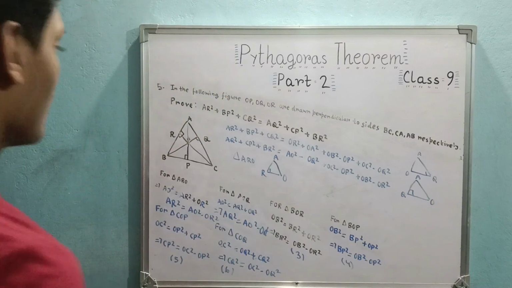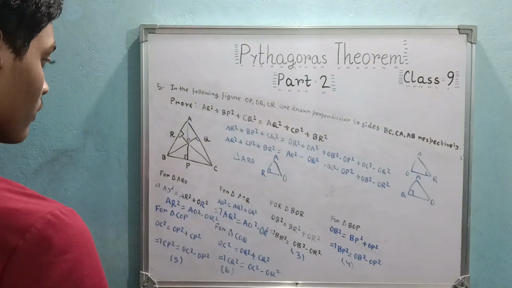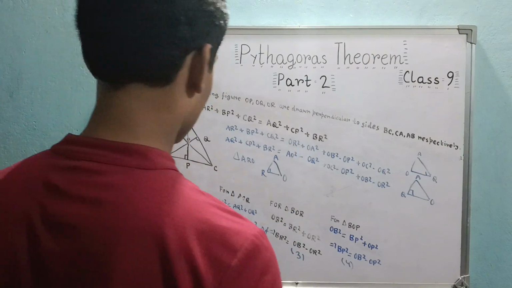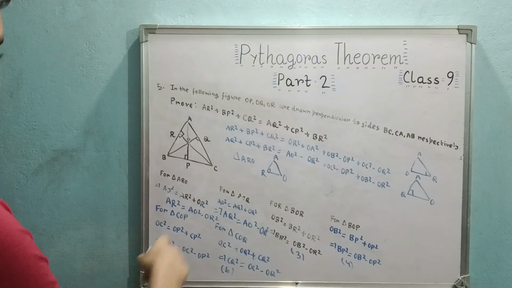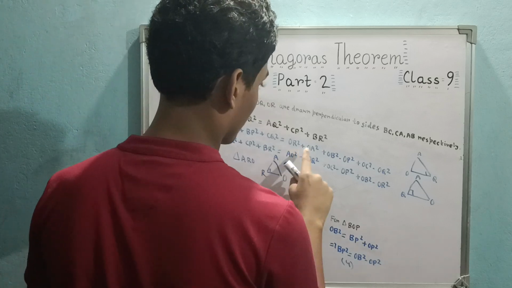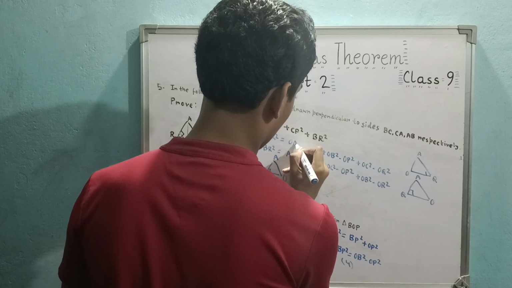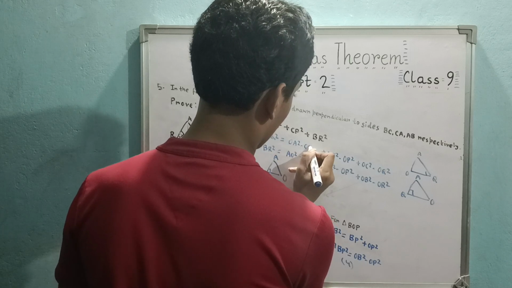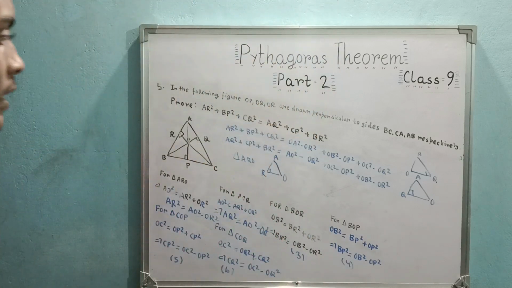Then here AR square's value is OR square plus OA square. So it is OA square minus OR square. Alright, now I hope that it will be okay.